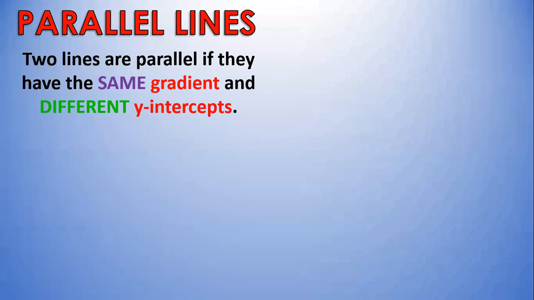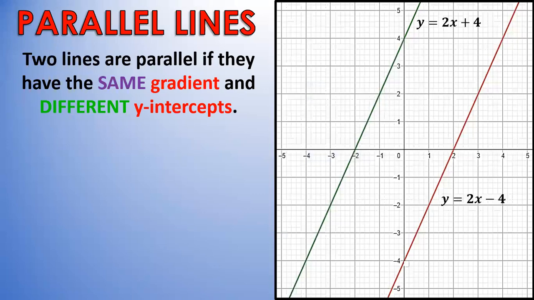Two lines are said to be parallel if they have the same gradient and different y-intercepts. Take a look at these two lines. Y is equal to 2x plus 4, and y is equal to 2x minus 4.